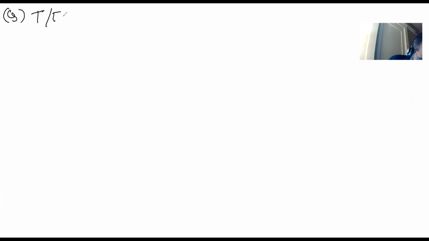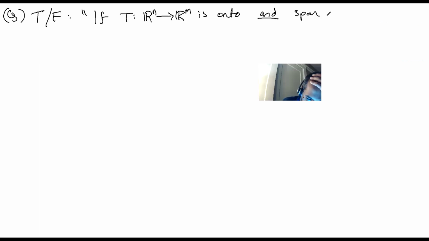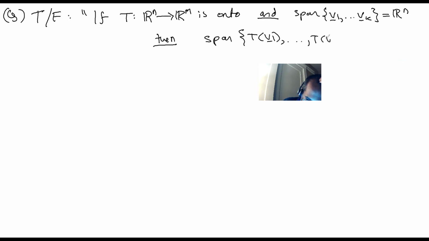The question is: is the following statement true or false? If T going from Rn to Rm is onto and the span of some set of vectors v1 through vk is equal to Rn, then the span of T of v1 through T of vk is equal to Rm.